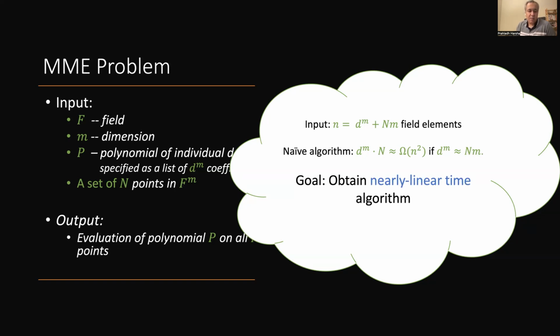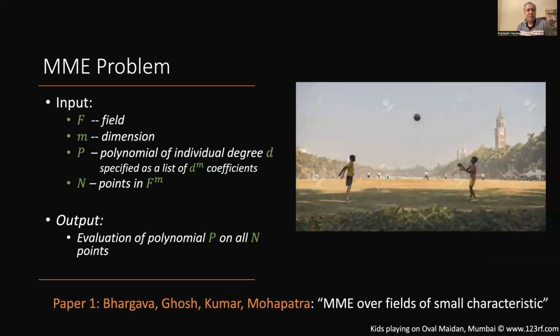Having thus stated the MME problem, I can give a quick overview of what the three papers in this series actually do solve. The first paper in the series, by Vishwas Bhargava, Sumanto Ghosh, Mrinal Kumar, and Chandra Mohapatra, solves the MME problem over finite fields of small characteristic.